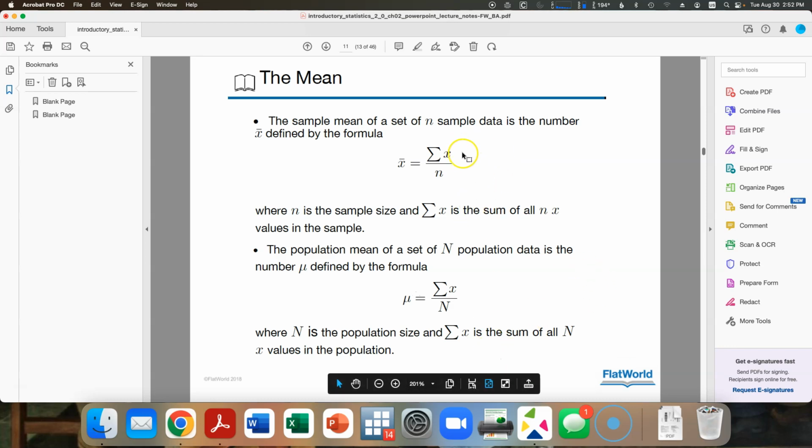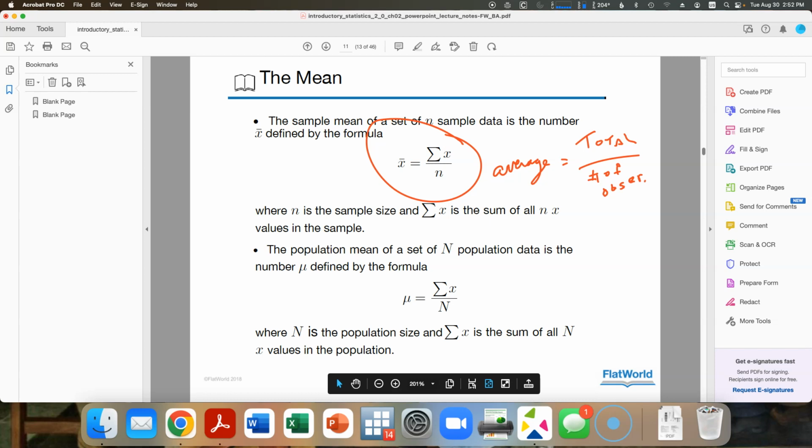So if we talk about it here, we would say that the average is equal to summing up the total of all your measurements and dividing it by your number of observations.